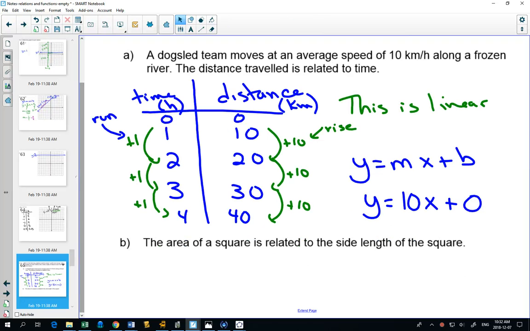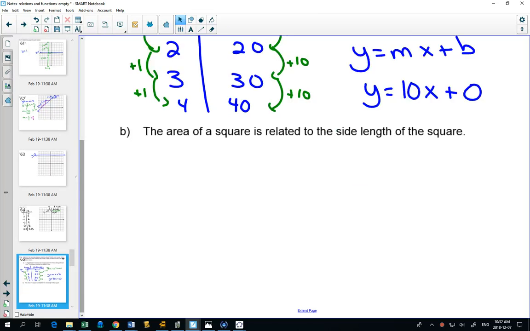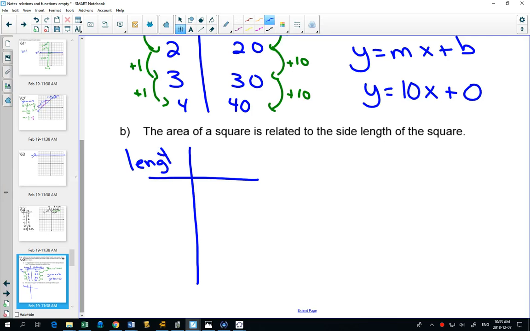The area of a square is related to the length of the square. So we have length and we have area. The area depends on the length. So let's say the length of the side is 1. What's the area? 1.